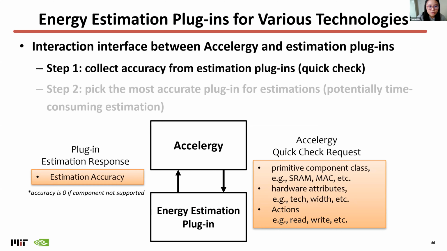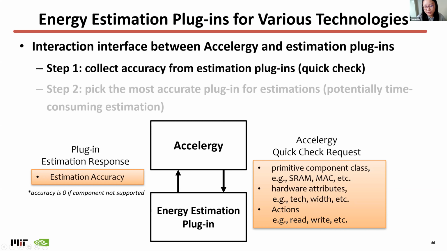And I also want to talk about, once Accelergy identifies the plugin, how it interacts with the energy estimation plugin. It's a two-step process. First, it will send a quick check to all of the plugins it's able to identify, asking them, can you support a specific request that I have?